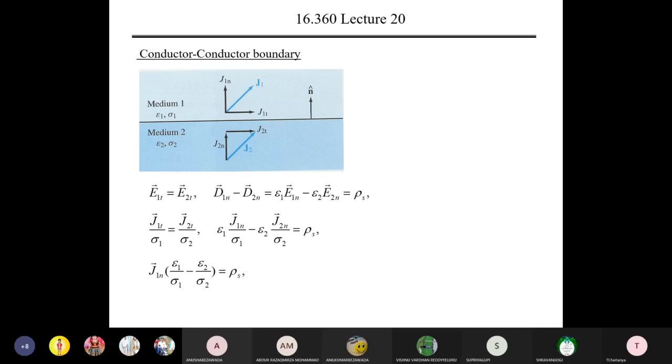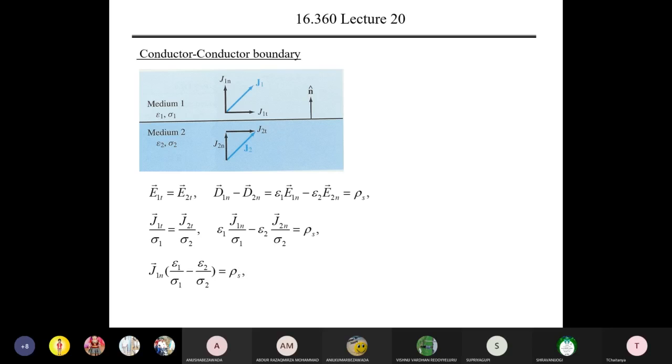So Jn1 can be considered as the normal field and J1T as the tangential field. For medium 2, J2 is also the net field, J2 equals Jn2 plus J2T. These two are the net fields.